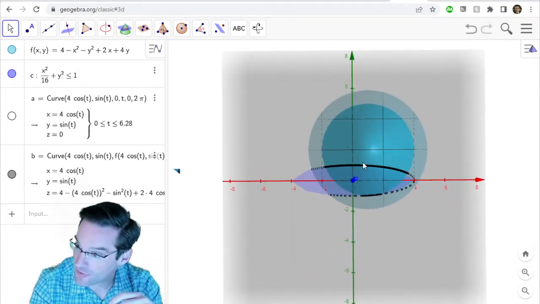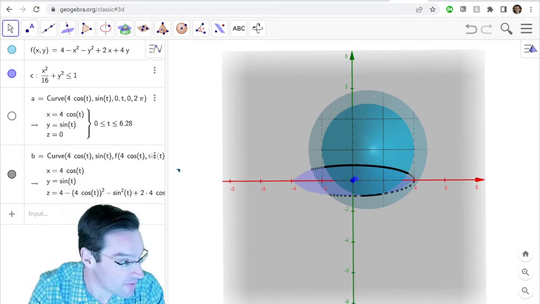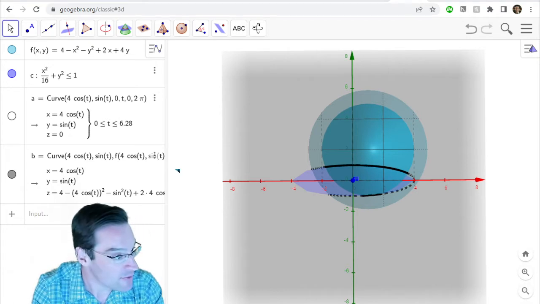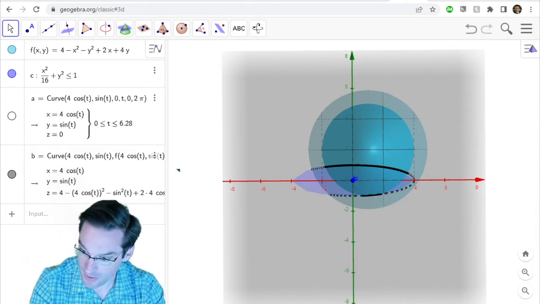Just a part of this black curve here, which is the outside of my ellipse in this example. And the most straightforward way to do that is to parameterize the boundary. So come up with a vector valued function that describes the boundary of my region in 2 dimensions.